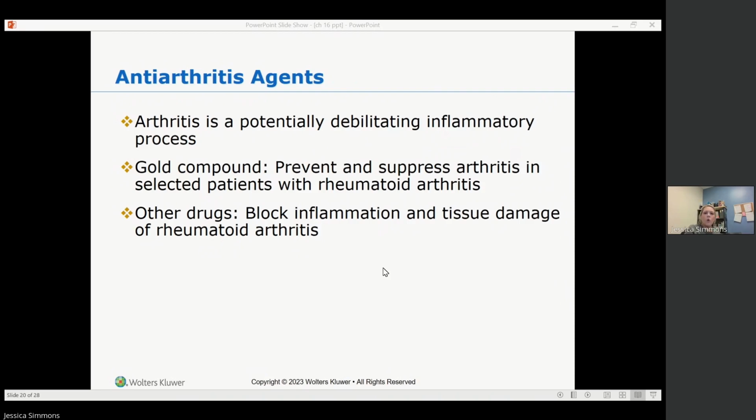So you have a gold compound, and this prevents and suppresses arthritis in selected patients with rheumatoid arthritis. Shortened is RA. Other drugs block inflammation and tissue damage of RA.